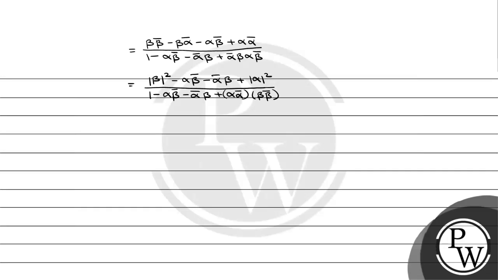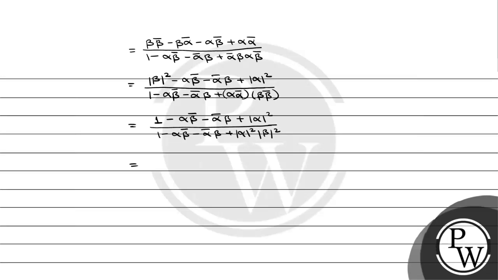Just now we have seen modulus of beta is equal to 1, so let's substitute this with 1 here. The numerator becomes 1 minus alpha beta conjugate minus alpha conjugate beta plus modulus of alpha square, and the denominator becomes 1 minus alpha beta conjugate minus alpha conjugate beta plus alpha into alpha conjugate, which is modulus of alpha square, times beta into beta conjugate, which is modulus of beta square.